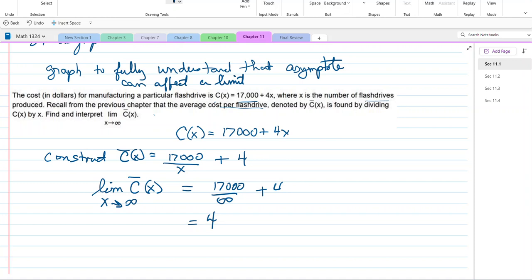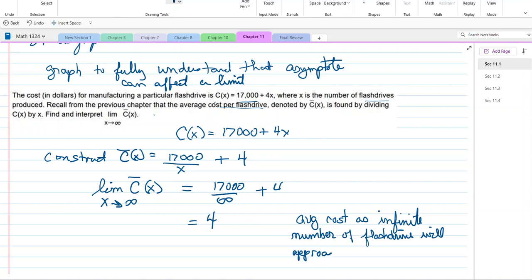The average cost of the flash drives is $4. So the more you make, the closer you get to making the price $4 per flash drive. So if you only do one, well, it's costing you a fortune just to run the machines. And that's what that means.